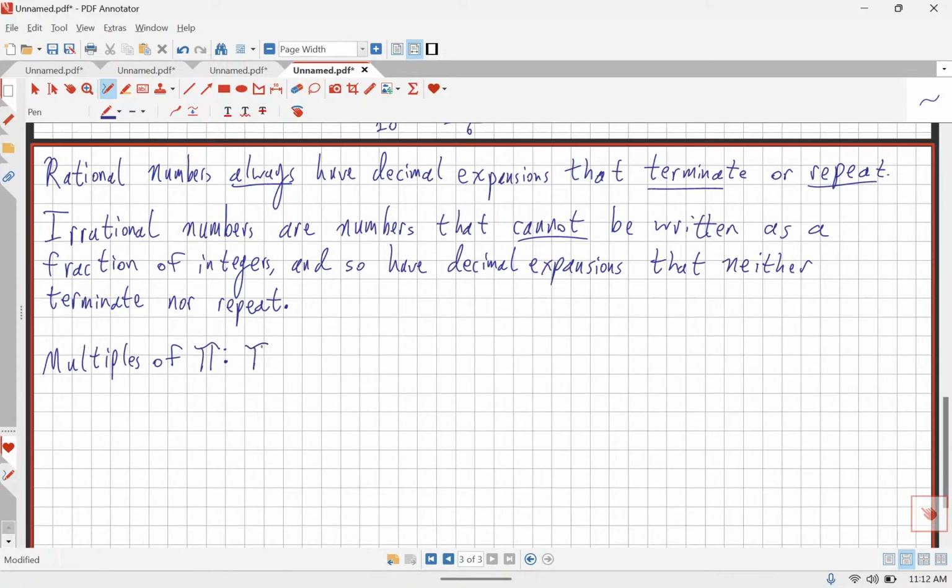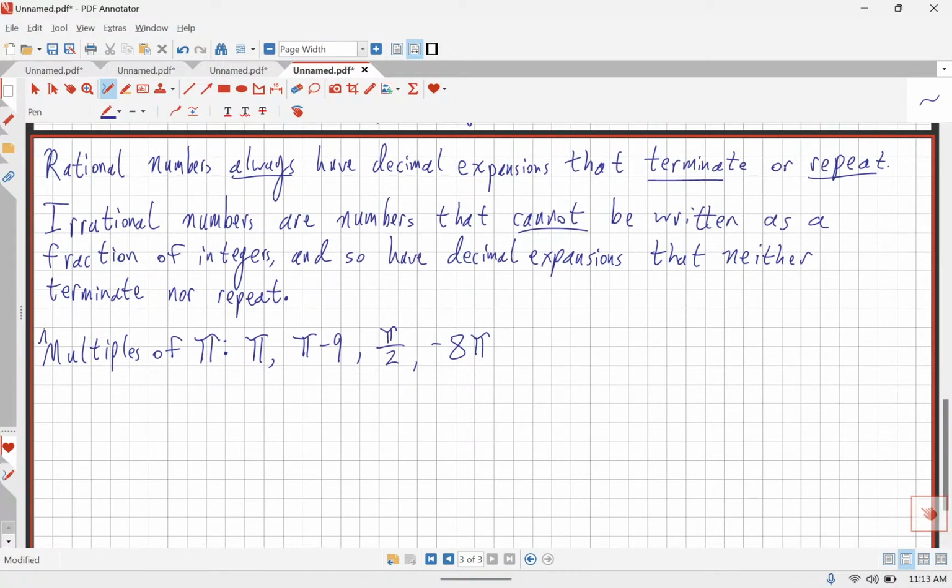For example, pi itself is irrational. I cannot write it as a fraction of integers. Pi minus 9 is irrational. Pi divided by 2 is irrational. Negative 8 pi is irrational. If it's got a pi in it, it's irrational. Well, most multiples of pi.